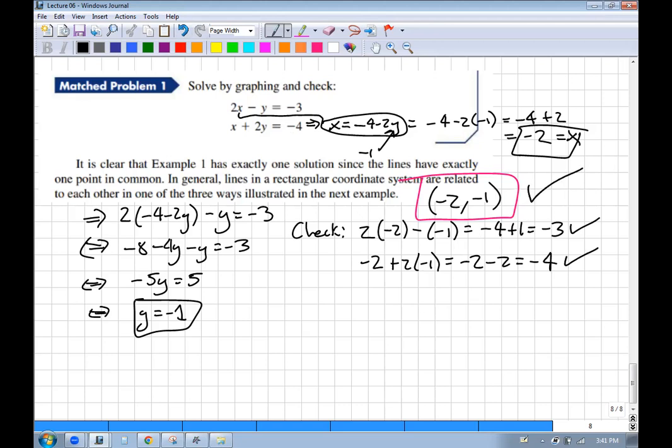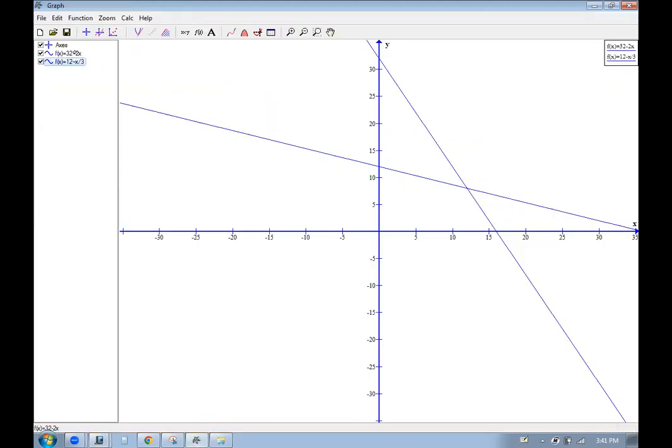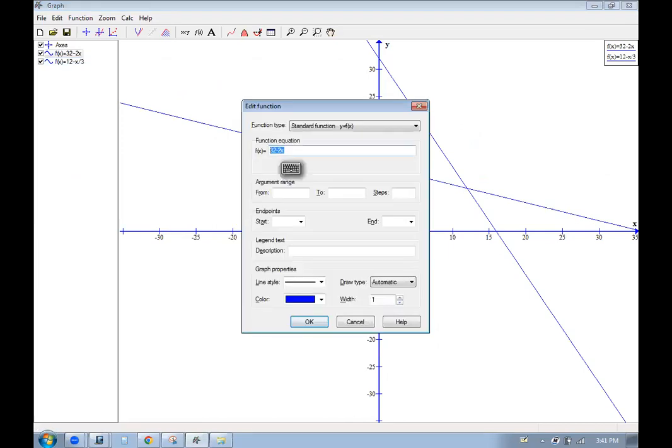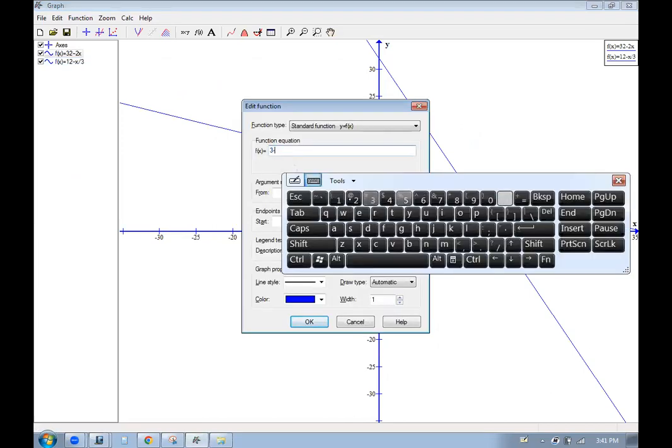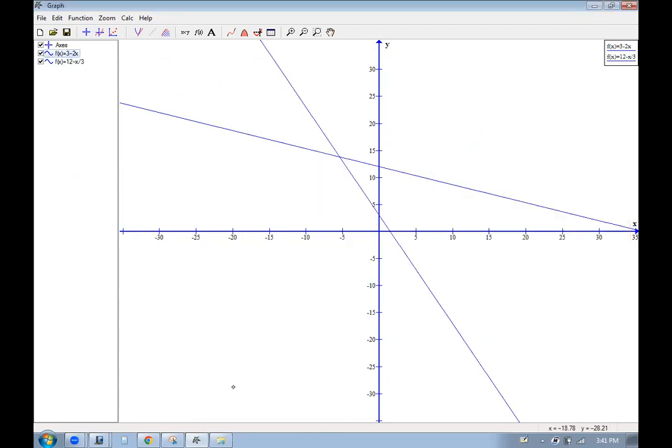Okay. Now if we want to graph these, I could graph them. We're going to use the software real quick. All right. To do that, I need to get the y by itself. All right, so this one would be, let's see, -y equals -3 minus 2x, or y equals 3 minus 2x. So let's graph this first one, 3 minus 2x. Now let's see what the second equation needs to be.